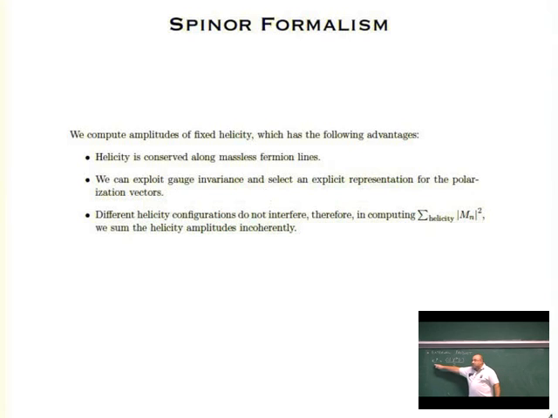So we can represent the momentum Ki with the spinor product angle i, gamma mu, square spinor i, equivalently represented by the complex conjugated formula. And this expression is valid for massless momentum.